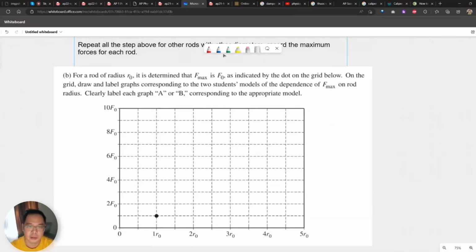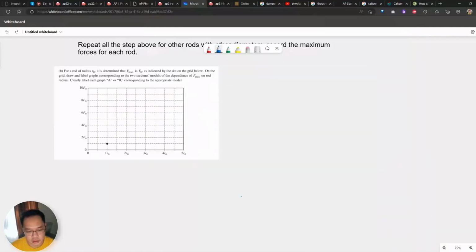Student A claimed that the force is proportional to the diameter or radius, so it is supposed to be a straight line according to this student. Okay. Yes. So it is assumed to be the dot like this for student A. You should not use the linear line, just use the points.